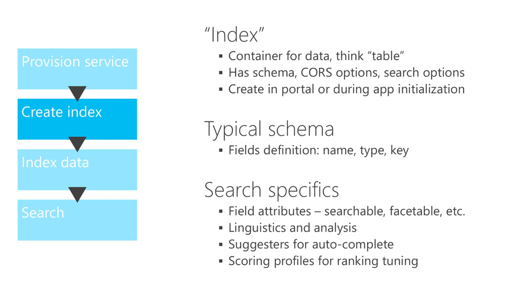It can be facetable, which means that a field can be used for navigation structure, such as categories or fields that contain repetitive values that you can group multiple documents by later. And if a field is searchable, it means that you can use full text search over this field.